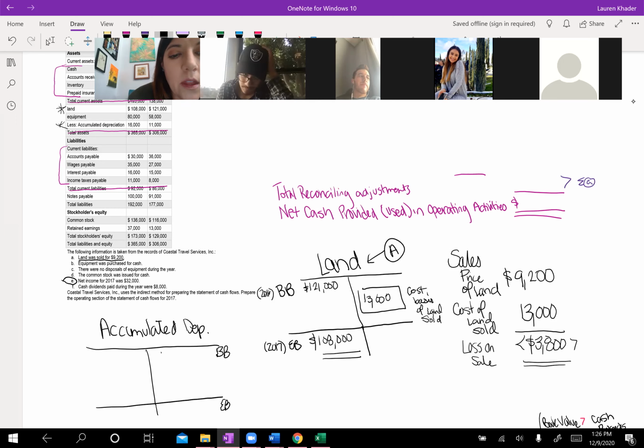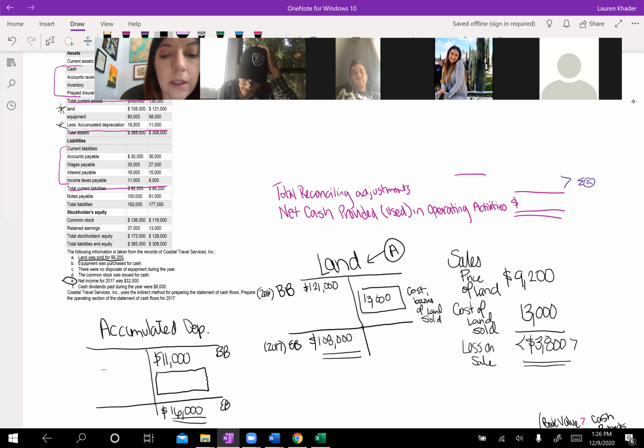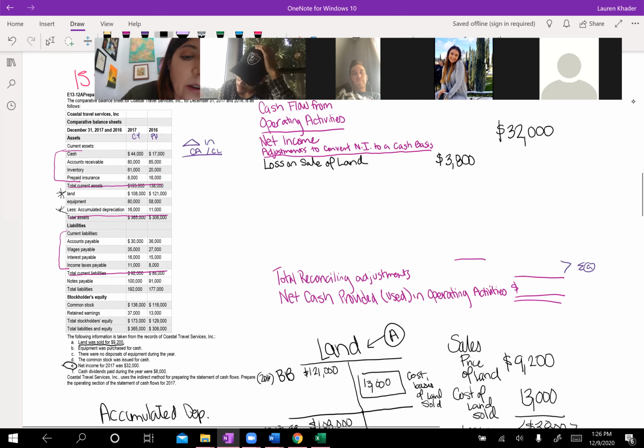Beginning balance was 11,000. Ending balance is 16,000. It said that they had new equipment purchases, but there were no disposals of equipment during the year. So we don't care about this side. So we know the only change to accumulated depreciation is for depreciation expense that's recorded during the period.